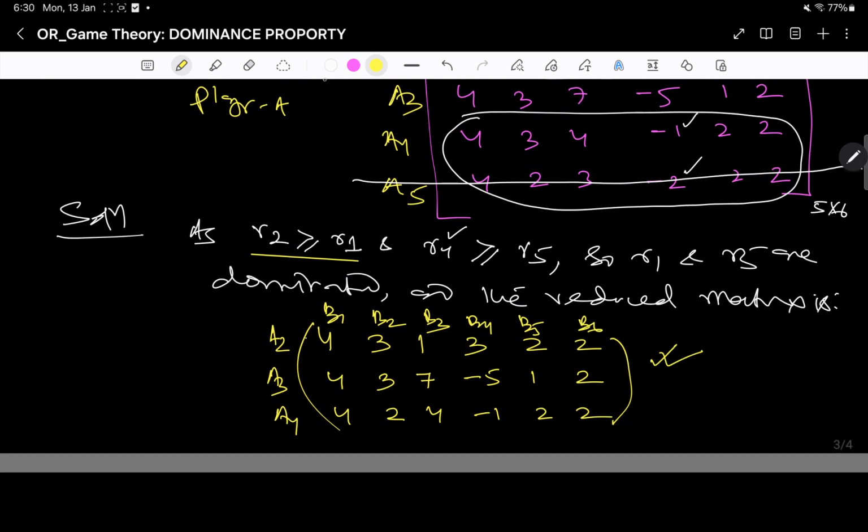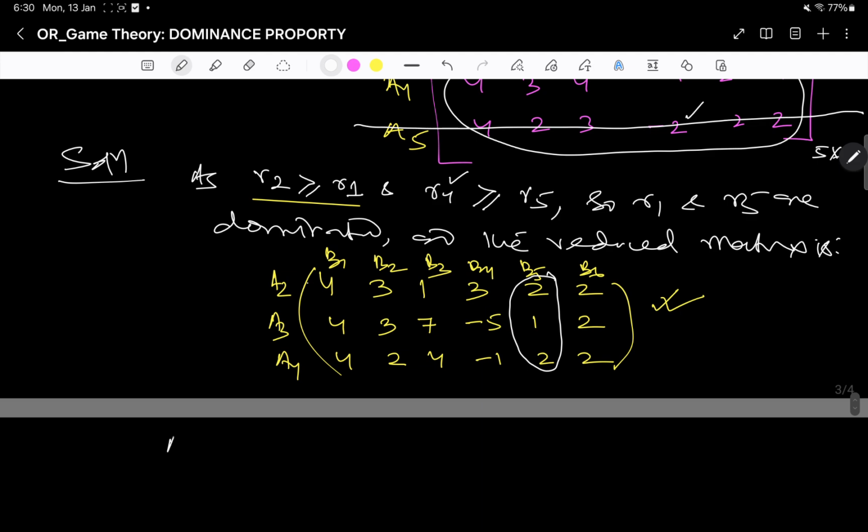Now we compare the columns here. You see your column 5. Your column 5 is smaller than column 6, is it not? Also your column 5 is smaller than C1, and also C2.